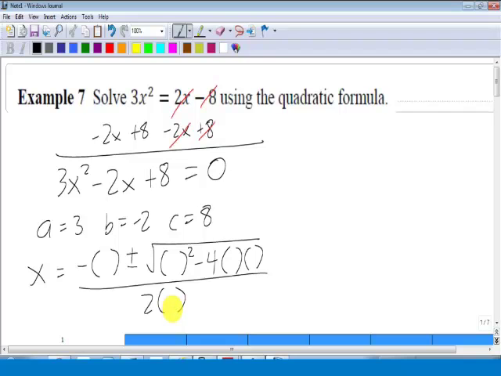Start with the b's. In the two places where there are b's in the quadratic formula, we substitute negative 2. For each a, we substitute 3. And for the c, we substitute the 8. And we have the solutions just like that.